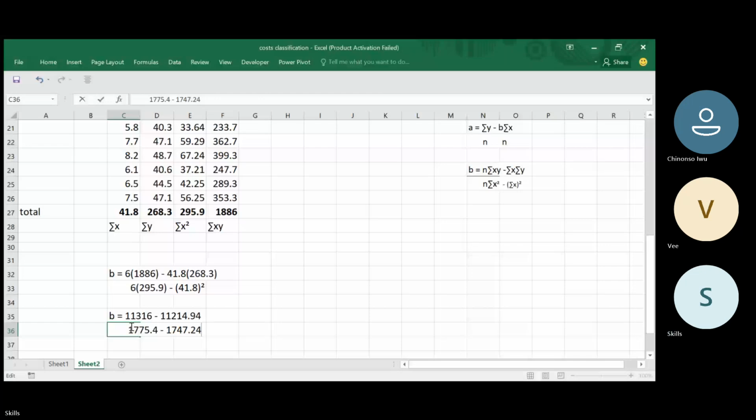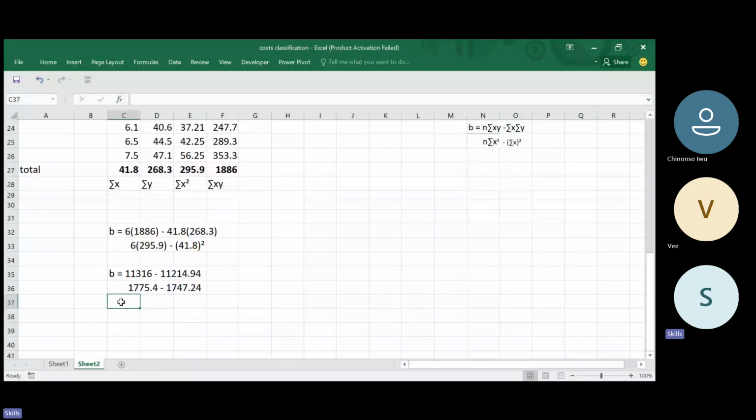Okay, I'm with you, sir. So now let's find the difference. The value of B is equal to 11316 minus 11214.94.